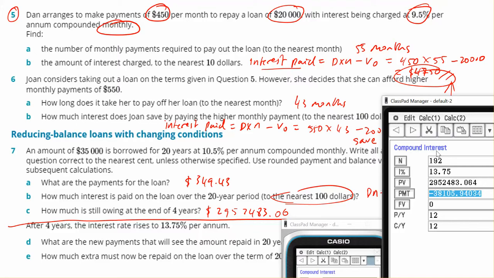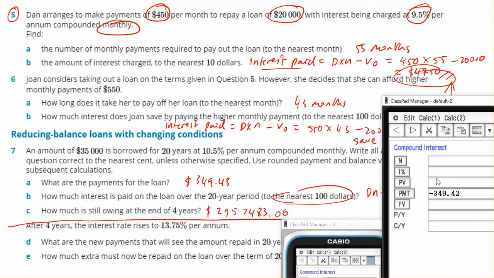So let's go back to the original question, part C. We've got payments of 349.43. I know it doesn't make sense because this value here can't be greater than that value there. This doesn't make sense at all.